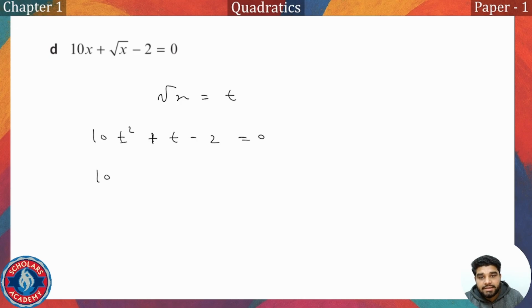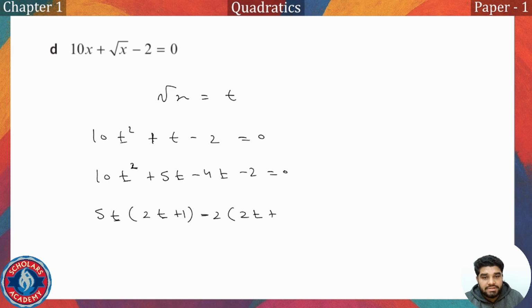So that is 10t square plus 5t minus 4t minus 2 is equal to 0. So from here, if we take 5t common, we get 2t plus 1, and if we take negative 2 common, 2t plus 1 is equal to 0. We get 2t plus 1 and 5t minus 2 is equal to 0.